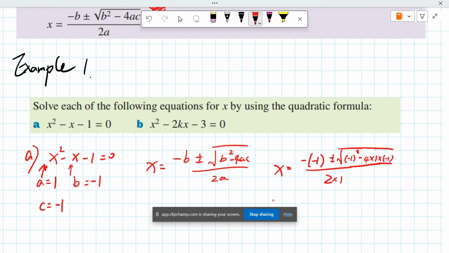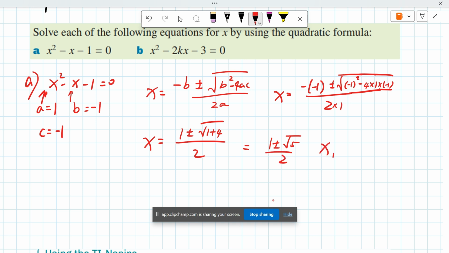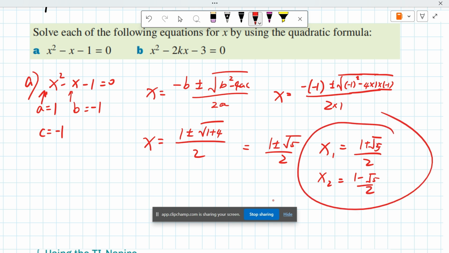Now x equals 1 plus or minus the square root of 1 plus 4, over 2, which is 1 plus or minus root 5 over 2. So x1 equals 1 plus root 5 over 2, and x2 equals 1 minus root 5 over 2. That's how you calculate the answer.